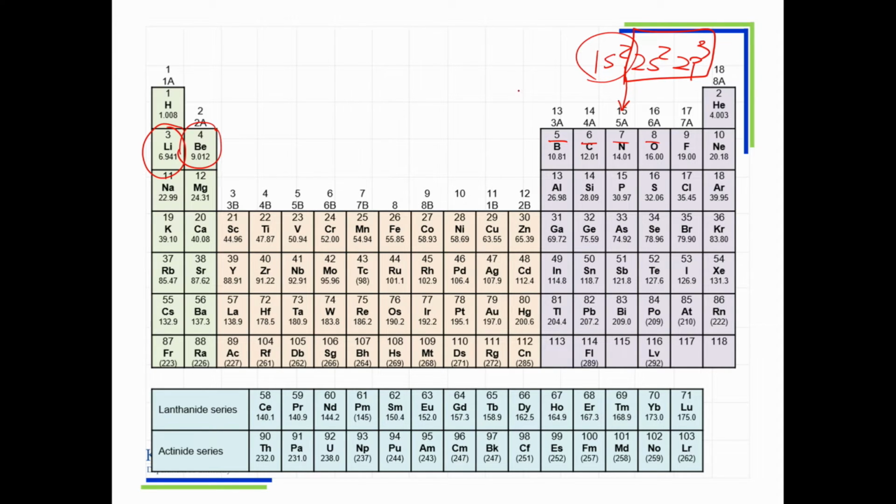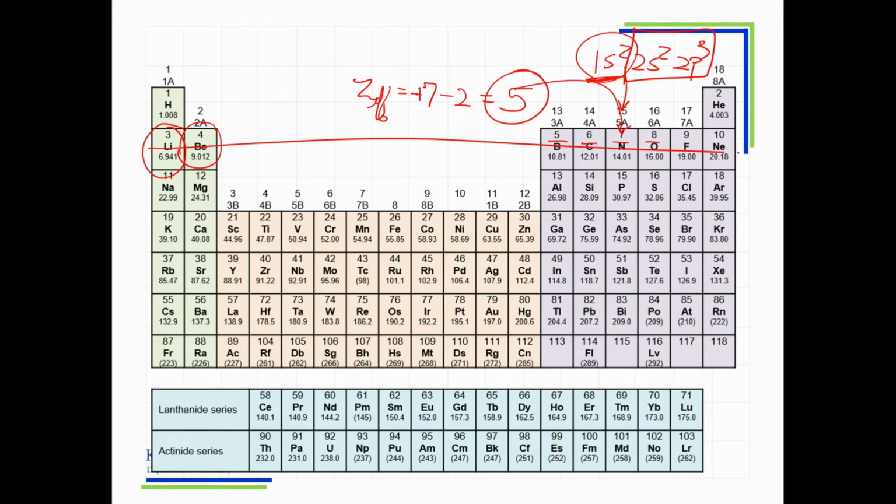So if we wanted to do the effective nuclear charge of one of those outer shell electrons for nitrogen, Z effective would be the nuclear charge of 7 minus the inner electrons, -2. So it would have an effective nuclear charge of 5. So any one of these outer electrons in this outer shell would feel a +5 pull, and it would make it smaller than anything else.